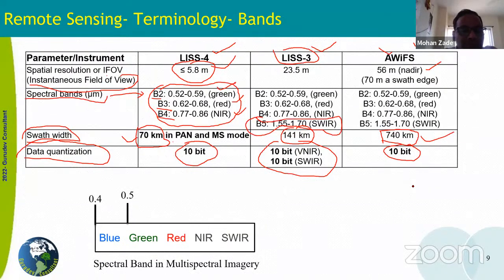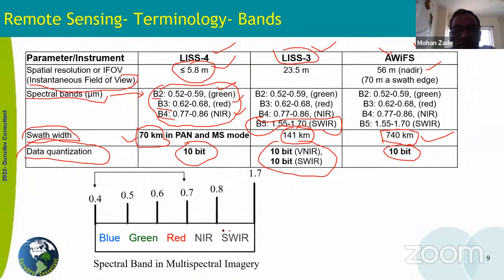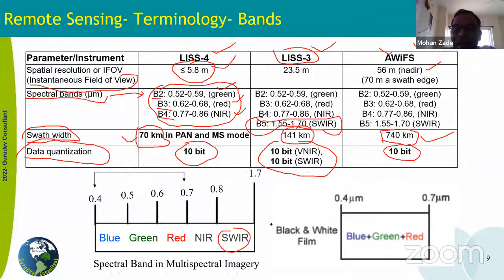So this is just the spectral bandwidth, how it appears. Blue is 0.4 to 0.5, green is 0.5 to 0.6, 0.6 to 0.7 is red, and 0.7 to 0.8 is NIR, near infrared. 0.8 to 1.7 is short wave infrared. And when you have only one band image, then you will have 0.4 to 0.7 micrometer.